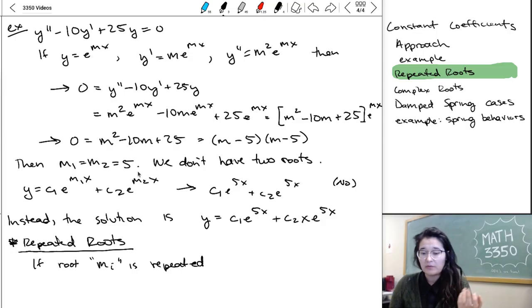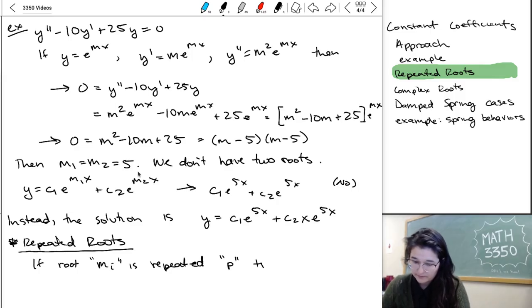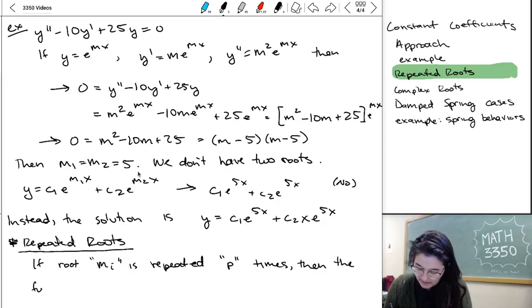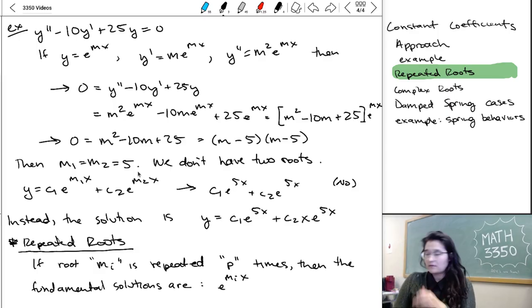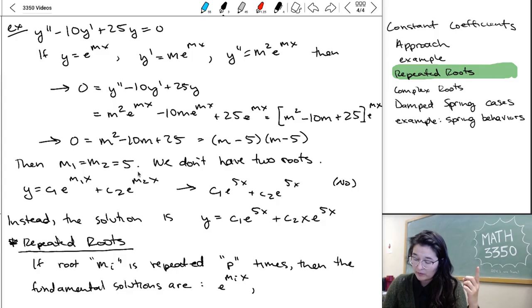But let's say you could repeat it up to p times. Then you're going to use the fundamental solutions for that particular root. Start with e to m sub i x, same as you normally would. And then once it's been repeated, multiply by x.